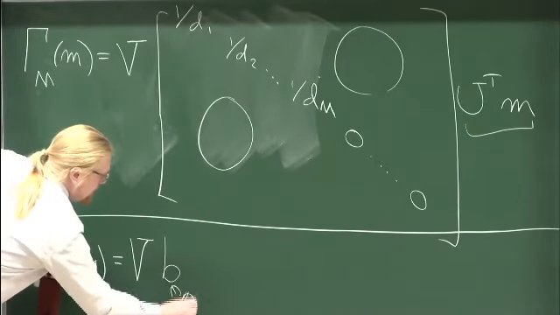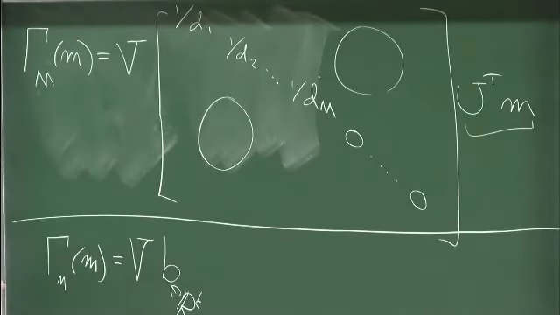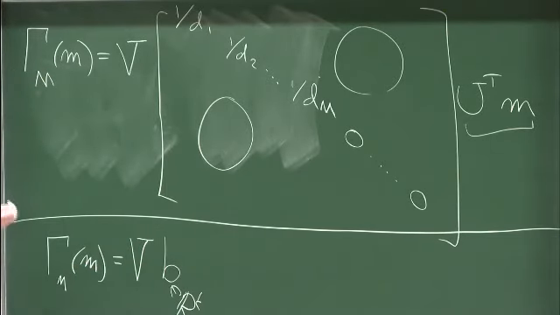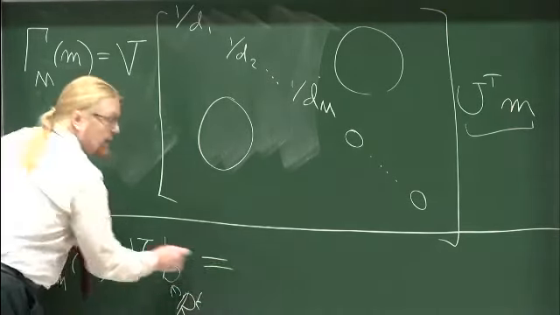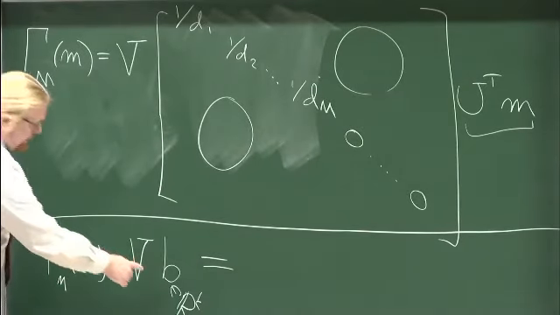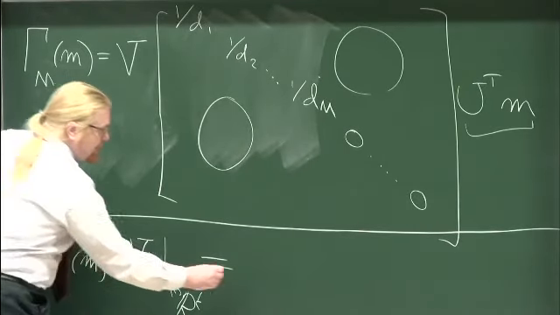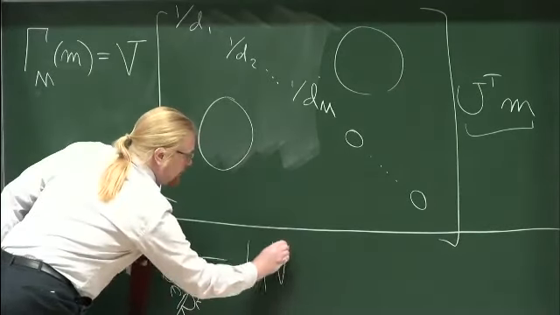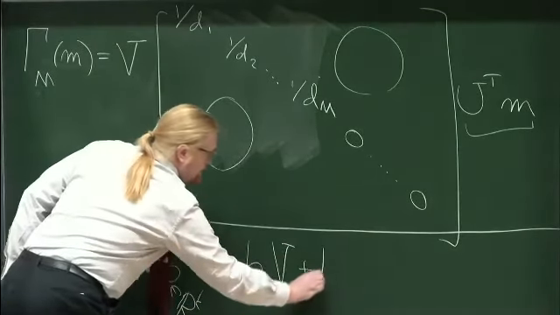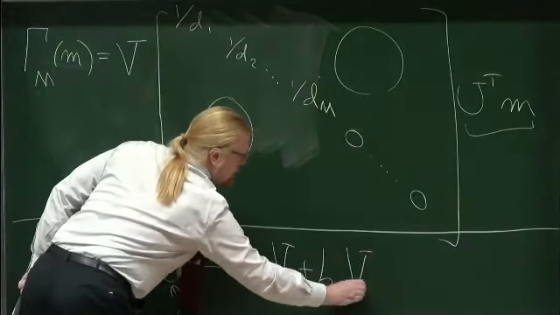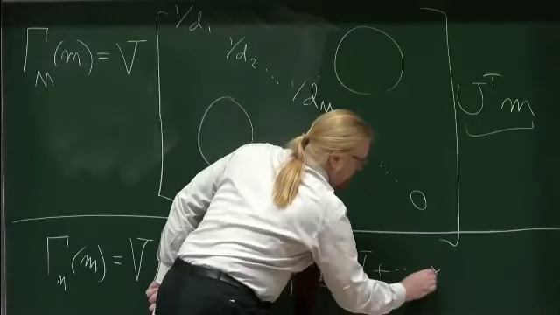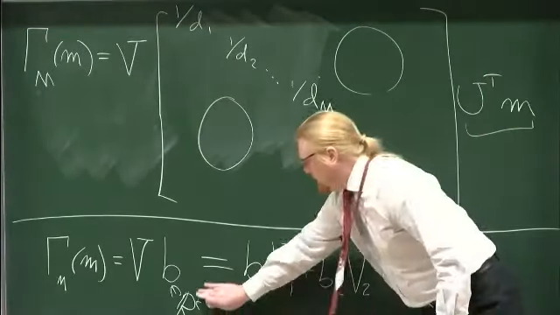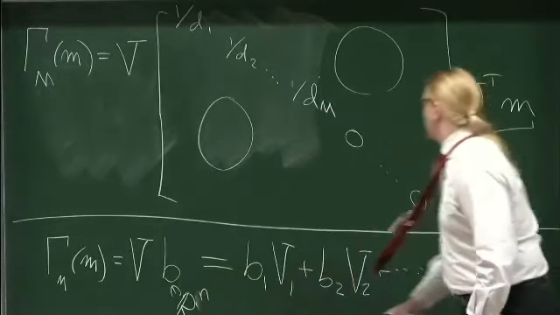Calling the columns of this matrix v1, v2, and so on, by simple matrix algebra, this matrix-vector multiplication is the first element of b times the first column of V, plus the second element times the second column, and so on, up to n, sorry, b is in R^n.